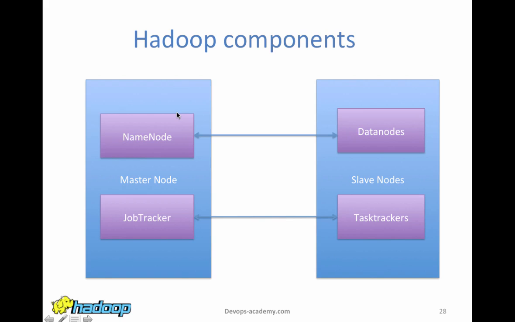In master nodes, we have name node, we have a job tracker, and in slave nodes, we have a data node, and we have task trackers. For data node, name node is a master. For task tracker, job tracker is a master node. So it's just an overview of Hadoop components.